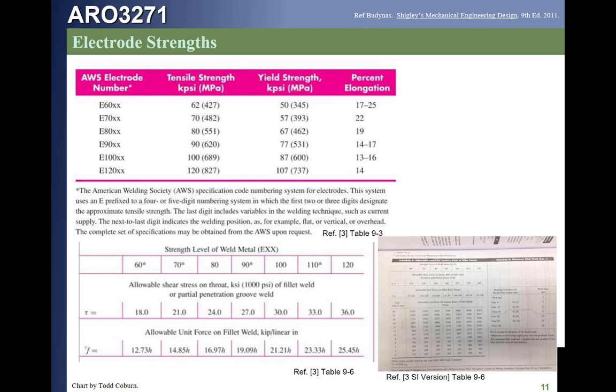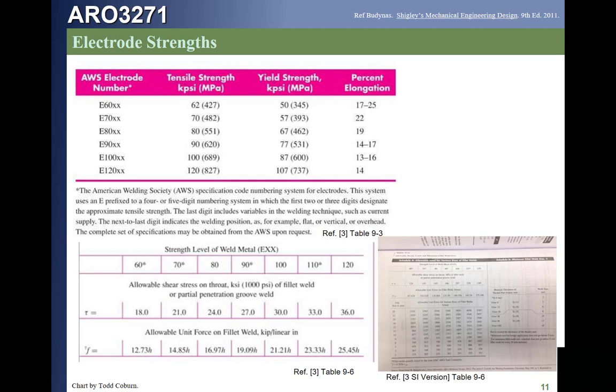So the first thing we're going to do if we have a weld is we're going to look at the electrode strength. If the weld is loaded in tension, we talked last time about loaded welds and whether they're in tension or shear. If they are loaded in tension, we will use this tensile strength, the first column of this table, for the ultimate strength of the weld.